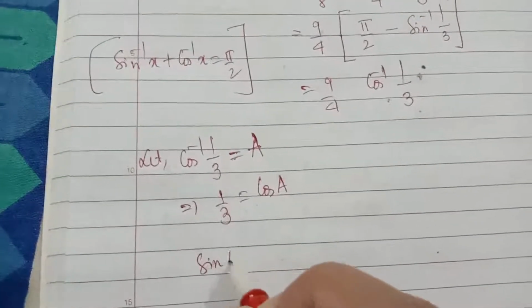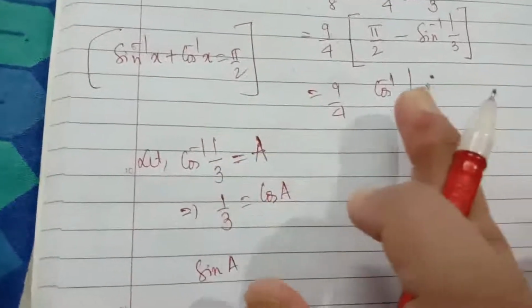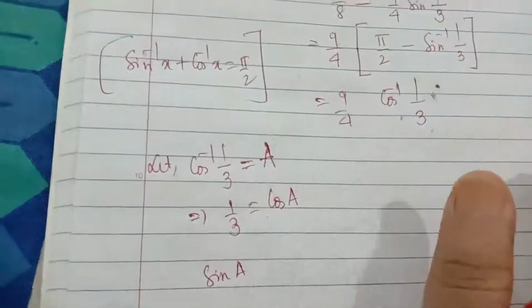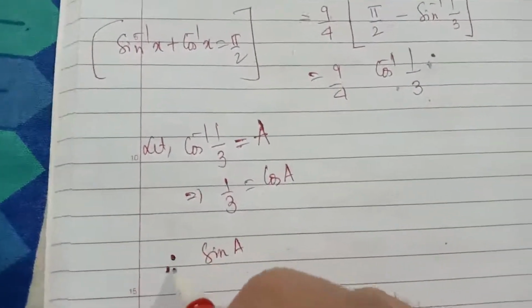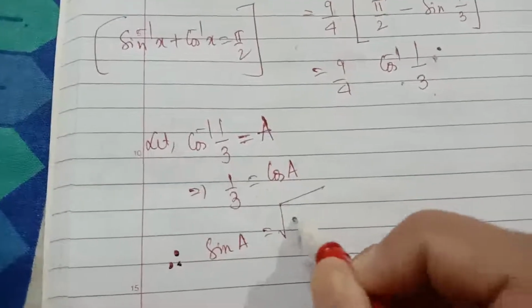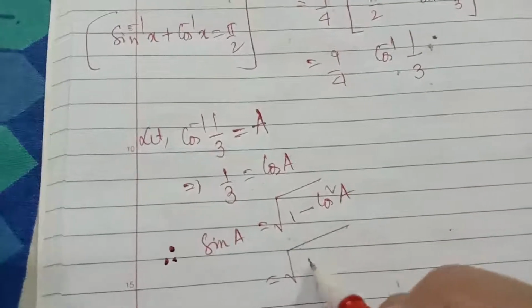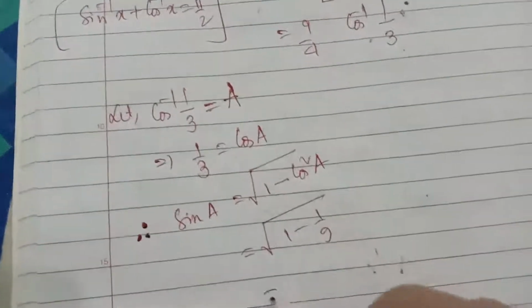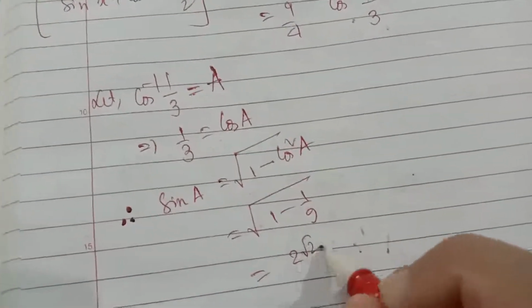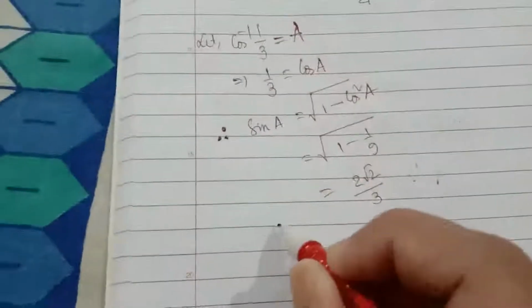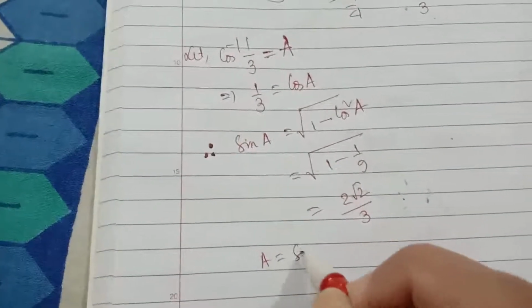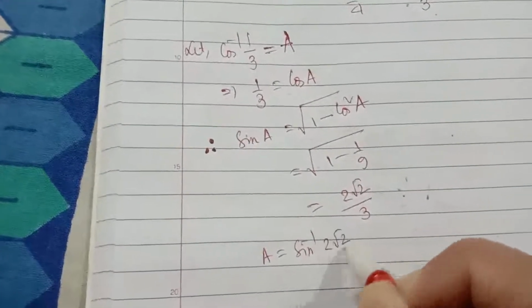Sine of a, because we have to change from cos inverse to sine inverse, is root over 1 minus cos square a. It will be 1 minus 1 by 9, so root over 8 by 9, which is 2 root 2 by 3. And a equals sine inverse of 2 root 2 by 3.